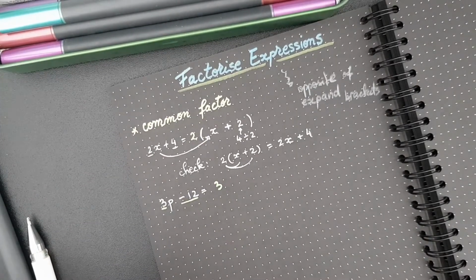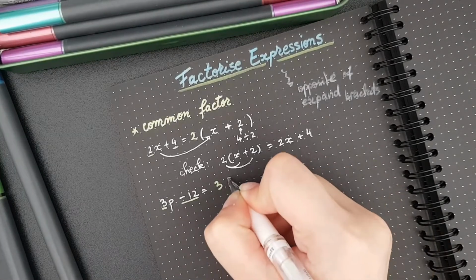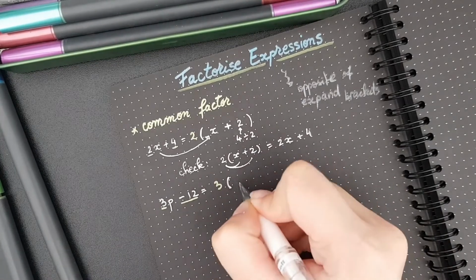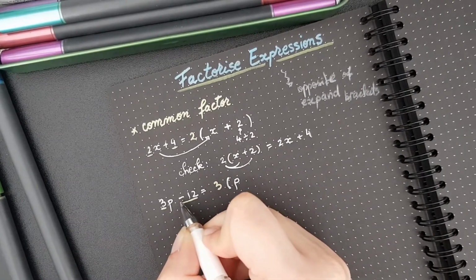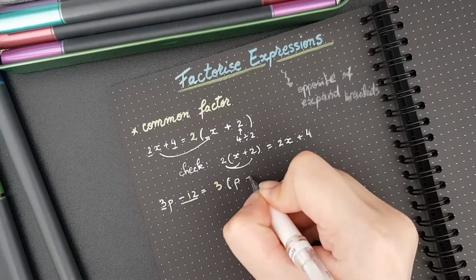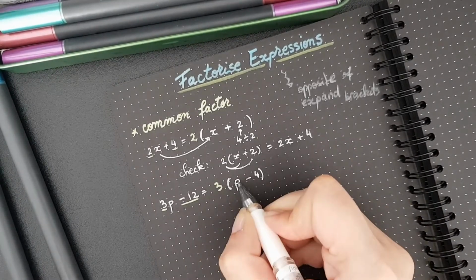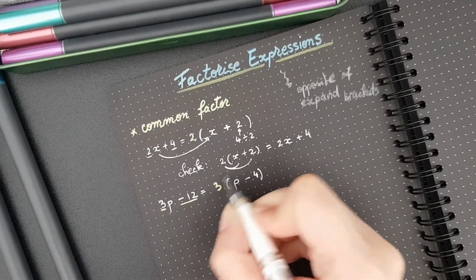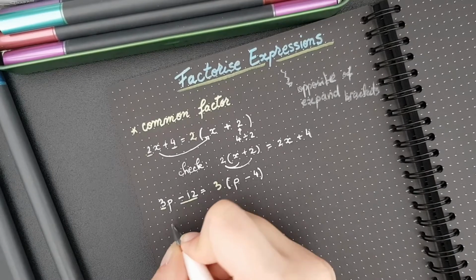So 3 is my common factor. And then I look at what I have left. So I'm left with p from there. And this one is negative 12 divided by 3. So that gives me negative 4. And that's it. If I multiply 3 by p, it gives me 3p. If I multiply 3 by negative 4, it gives me negative 12. So I'm there.